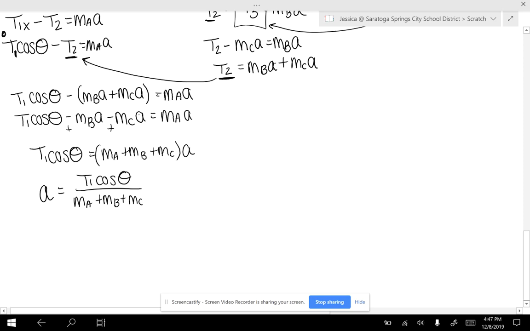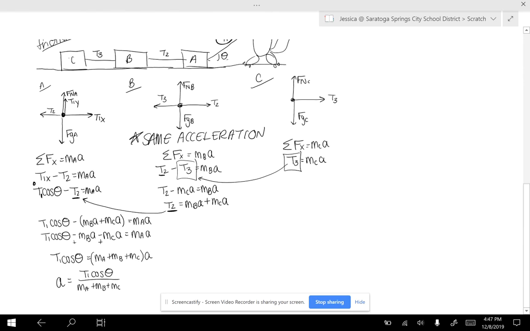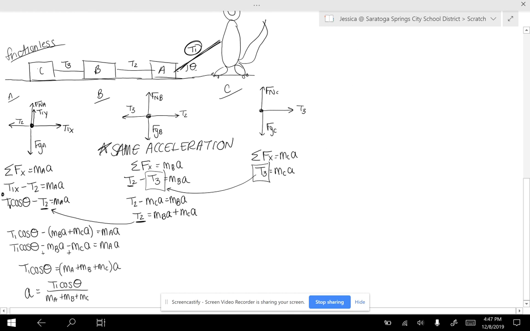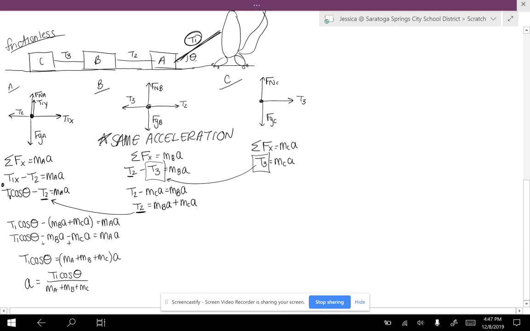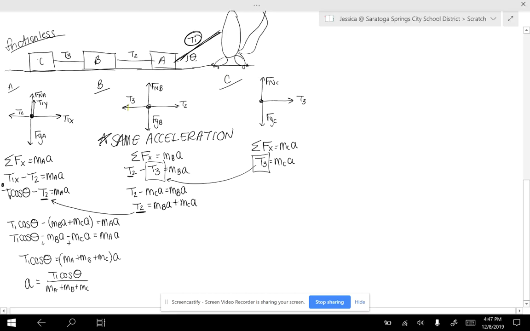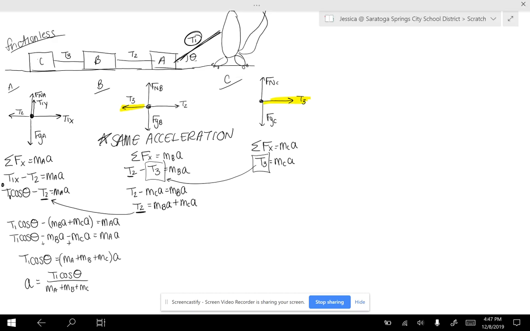Okay. So the only force that's going to impact the acceleration of this system is however hard this dragon, that's what that's supposed to be, is pulling. Okay, because this T3 and this T3 cancel each other out. And then this T2 and this T2 cancel each other out.